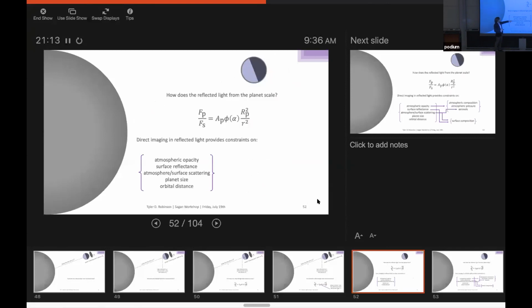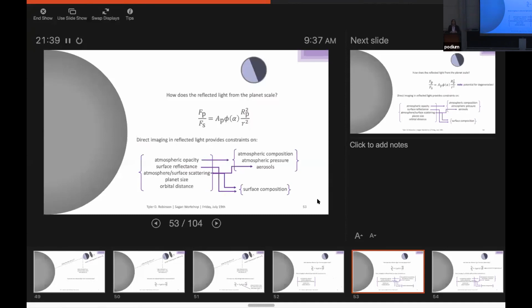You should be able to say something about how the atmosphere and the surface scatter into different phases through this phase function. And if you observe that with polarized light, you can hope to get additional information about the surface and the composition of the clouds. You have information about the planet's size, and you have information about the orbital distance.